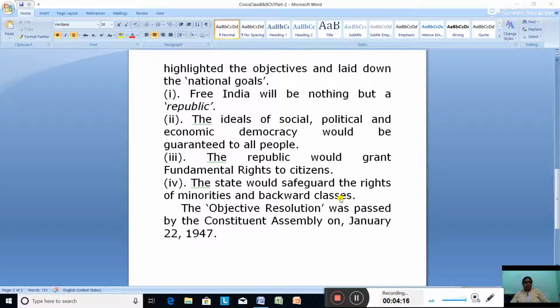The objective resolution was passed by the Constituent Assembly on January 22, 1947. You have to remember this.